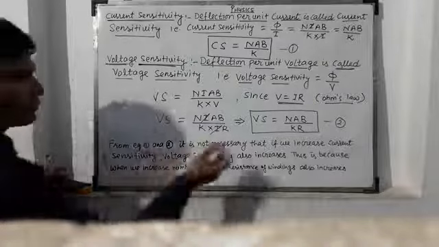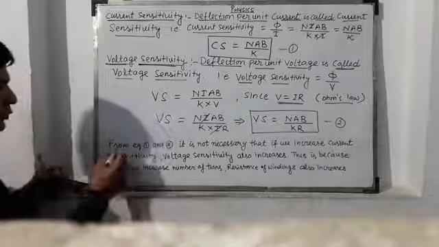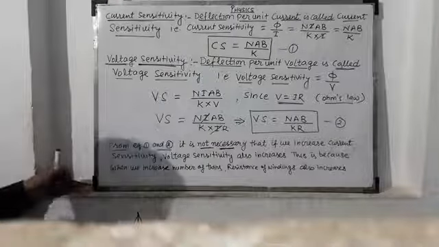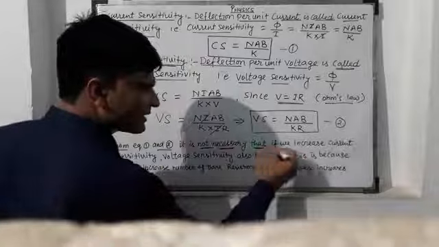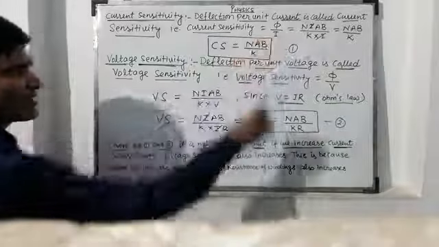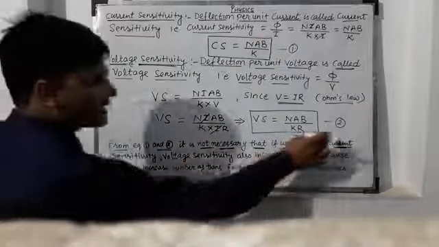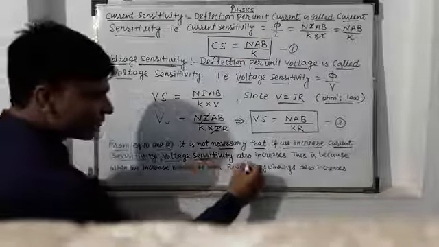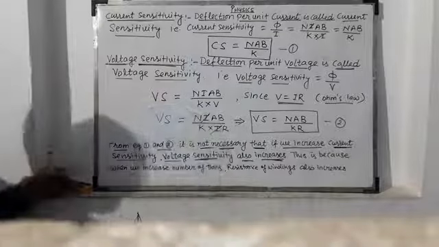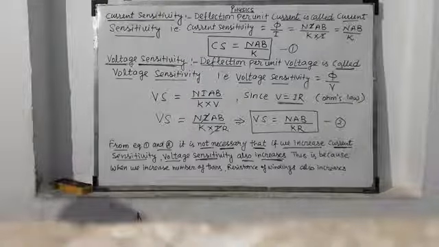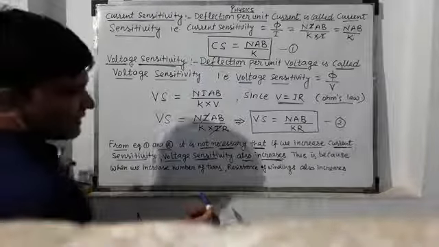So, from equations 1 and 2, always remember this: it is not necessary that if we increase current sensitivity, voltage sensitivity also increases, because one more factor is there.